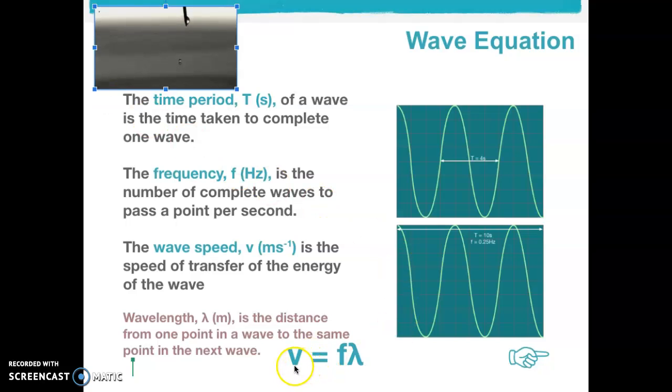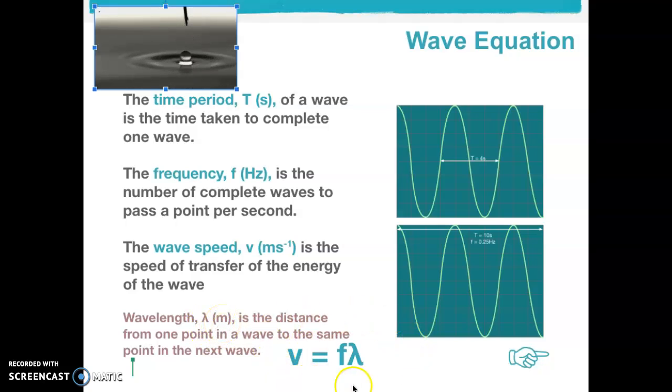Now, its speed is equal to the frequency in hertz, which remember is another way of saying s to the minus 1, seconds to the minus 1, times wavelength. And wavelength, lambda, I don't think I've introduced the symbol yet, lambda is in meters.